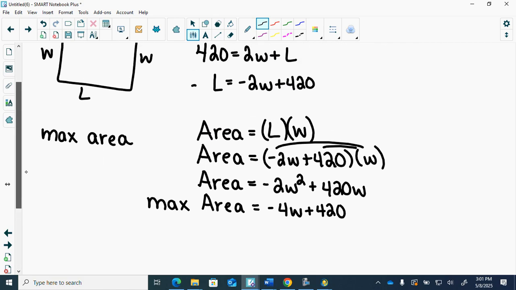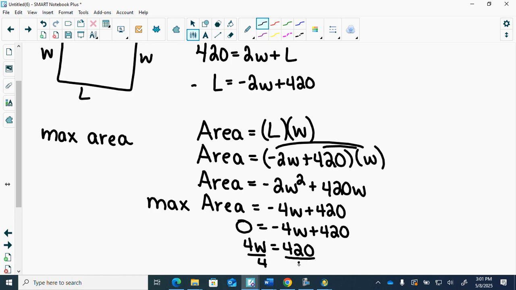Set it equal to 0 to get my critical numbers. 4W equals 420 meters. Divide by 4, and W equals how much? 105. Because 400 divided by 4 is 100, and 20 divided by 4 is 5. So our width is 105.